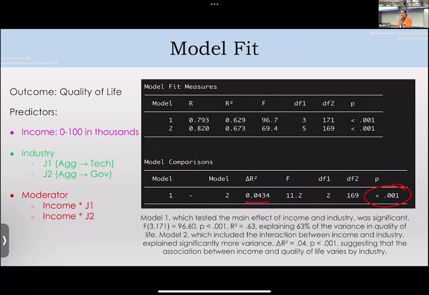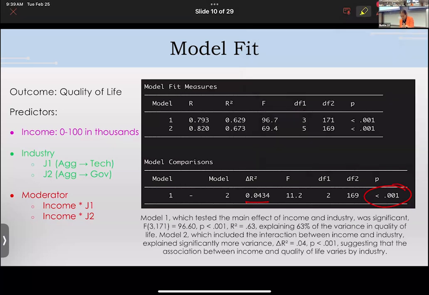Notice that last sentence is written in a very specific way. How did I write it? It's in line with something. What? My research question and my theoretical model, right? It would have been accurate to say, suggesting that income and industry interact to affect quality of life. That would have been factually accurate, right?